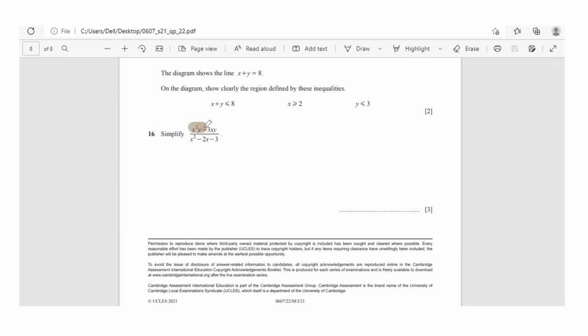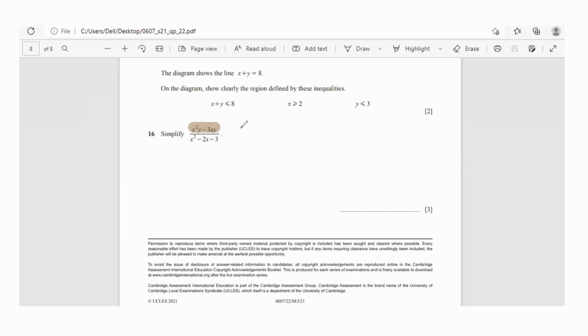Okay, x squared y minus 3xy. How do we factorize this? What is common here? What is the HCF, in other words? Even in chat, or I would like it if somebody can unmute and speak, that would be great.